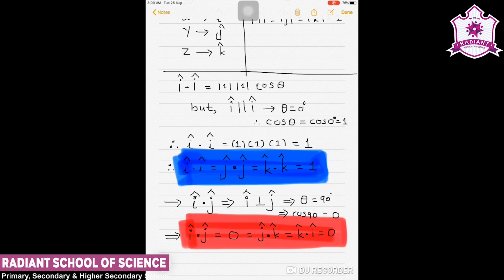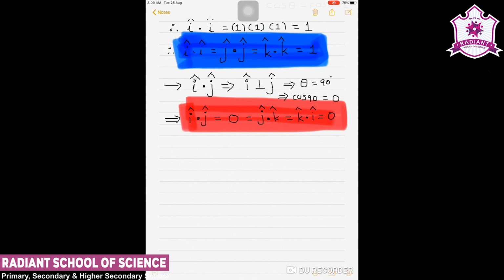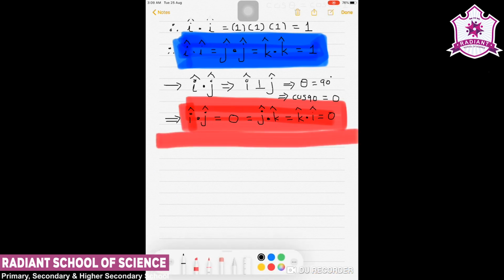So this is the law. Then we move to another law. If we are given two vectors, say A and B, in 3 dimensions.